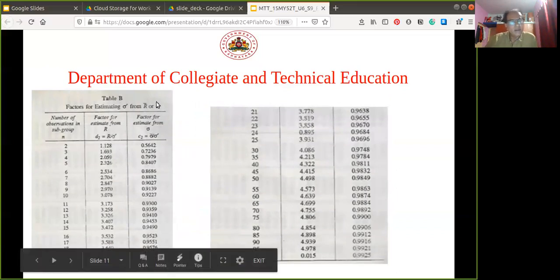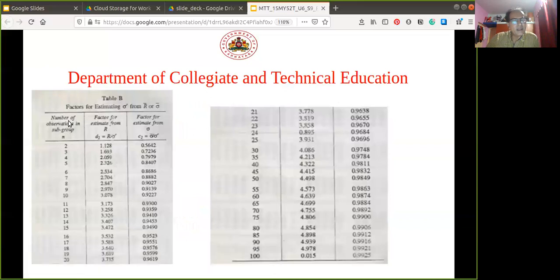In this table, it has the number of observations in the subgroups, or I can say small n is the sample size. For small n, there is the value of capital R, and you can get the sigma also.